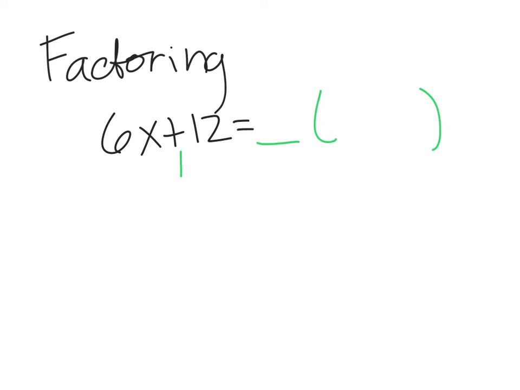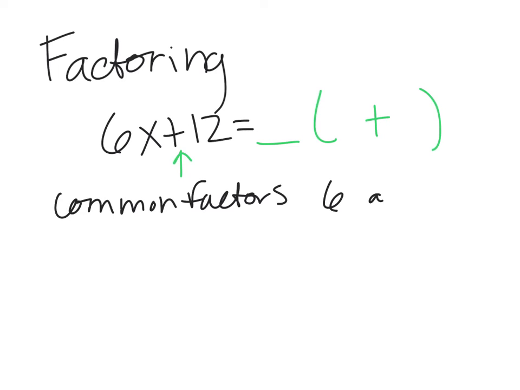Well, looking at that plus sign, I think it must be something plus something. And what we want to do here is we want to look for a common factor. This should feel like review. We did do this in the beginning of the year, but it's been a very long time. So are there any common factors between 6 and 12? Common factors of 6 and 12?